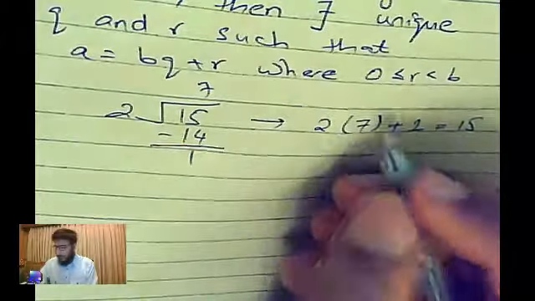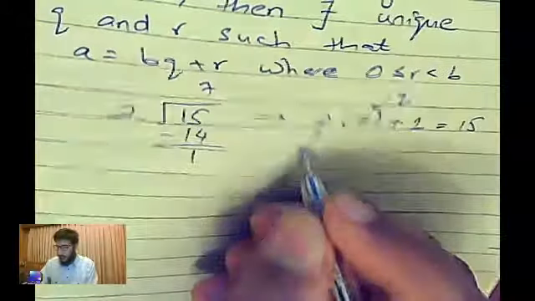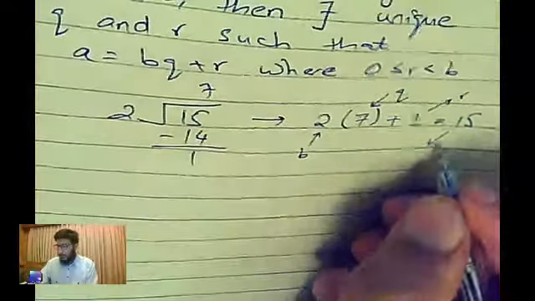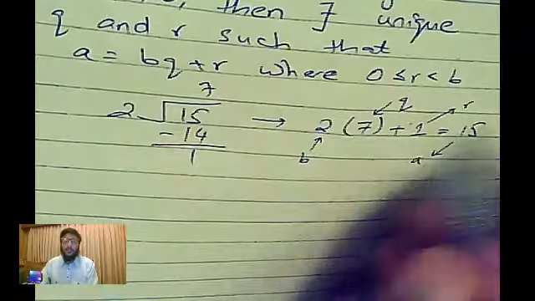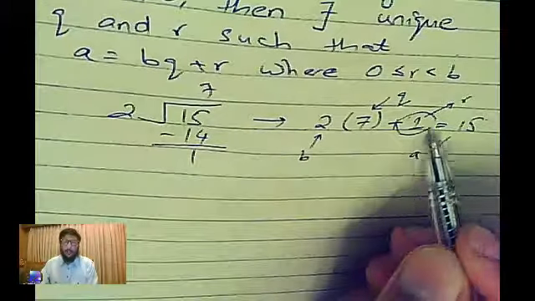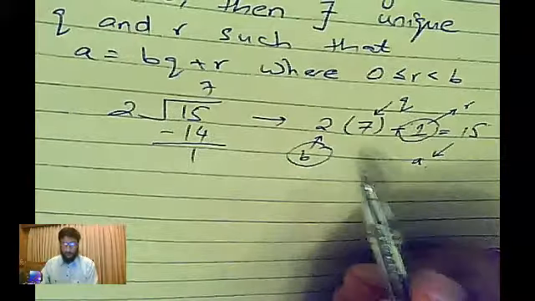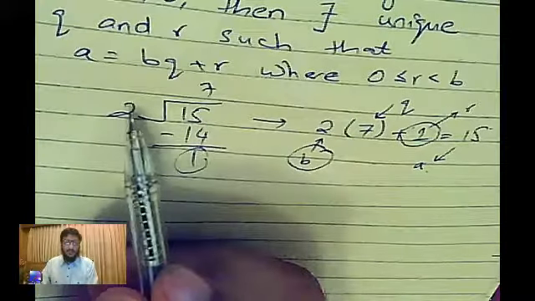So this can be our Q, this can be our B, this can be our R, and this can be our A. So this goes A equals BQ plus R, and R, this number, should always be smaller than this number. You cannot have a remainder bigger than this number right there.